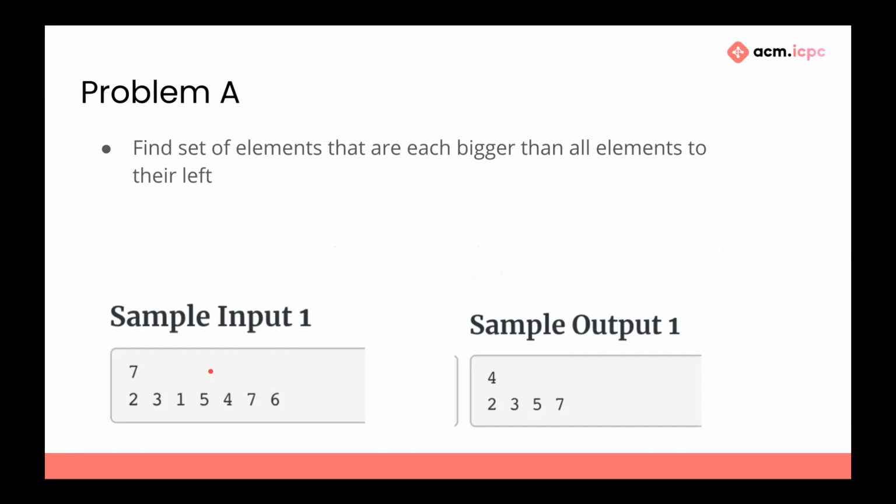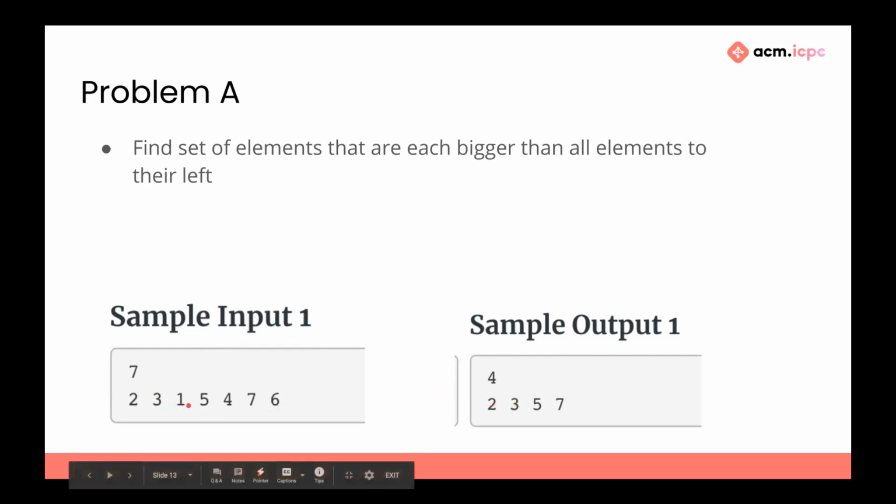So for example, if we look at the first sample input, we have to find a set of elements that are each bigger than all the elements to their left. If we consider the first element, which is 2, there are no elements before it, so we must include it in the solution. Then 3 is bigger than 2, which is the only element to its left, so it's included here.